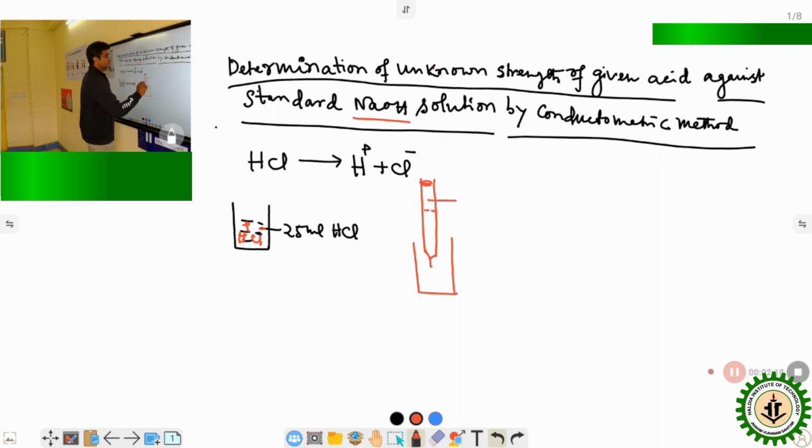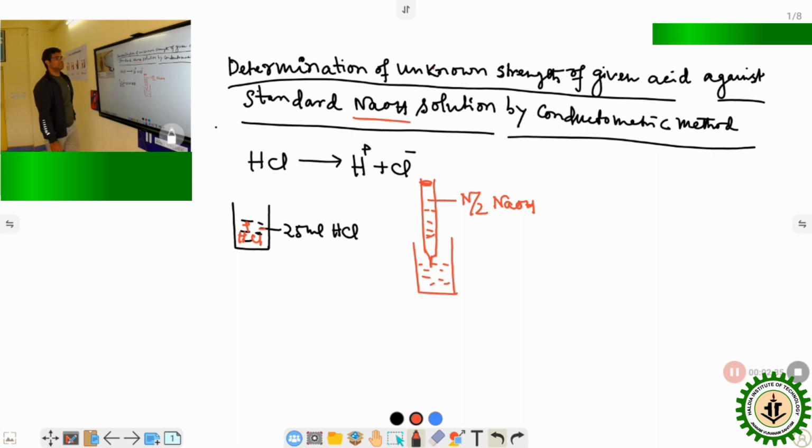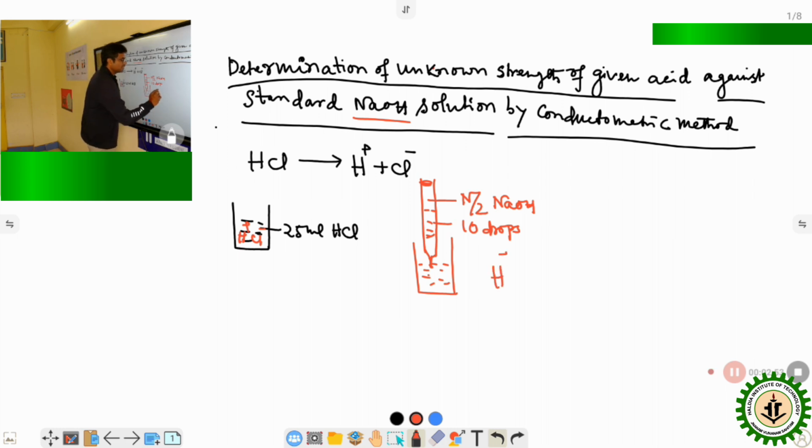We have taken the strength of NaOH as N by 2. When certain drops of NaOH are added into this HCl solution, say 10 drops, what will happen? Some of the H plus ions will be neutralized by Na plus. It means an acid base reaction will be taking place.